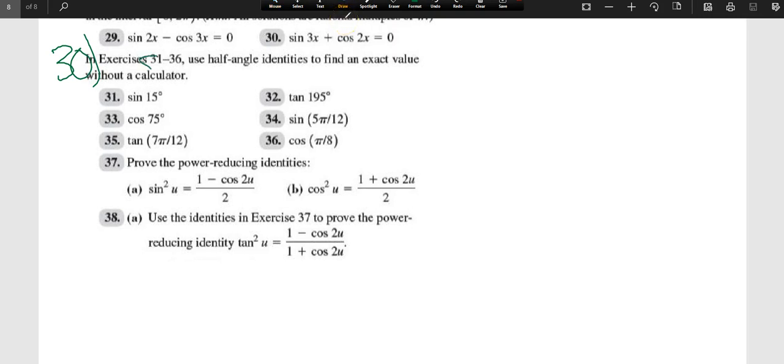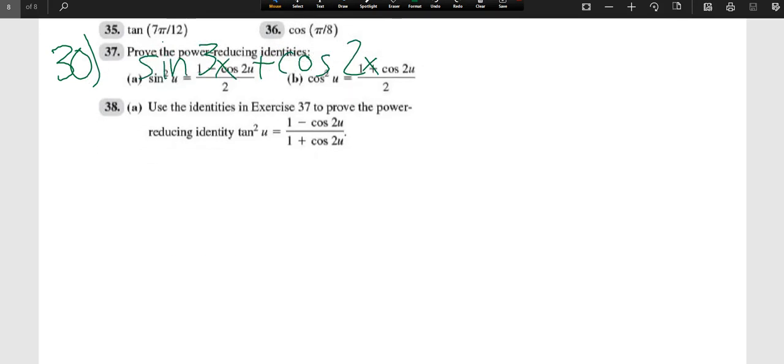So if this gets ugly fast, I'm going to abandon ship and go straight to 38A, use the identities to prove that. Oh, that was kind of a slightly lame question in my opinion.